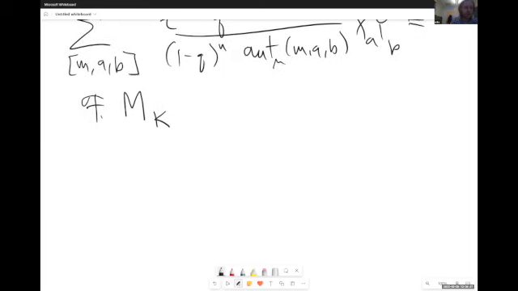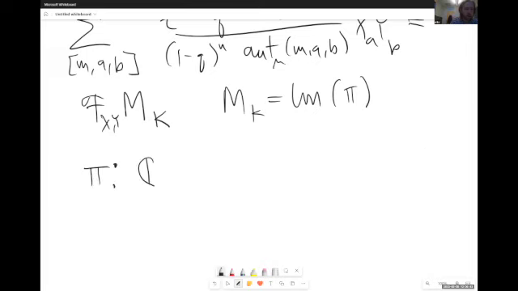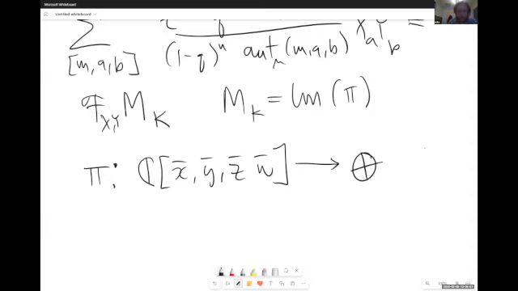And so what this M_k was is, it's defined as the image of a certain map, which we'll call pi, where pi is the map that takes a polynomial in 4n variables. Sorry, so x1, little x1 through little xn, little y1 through little yn. Same for the others.